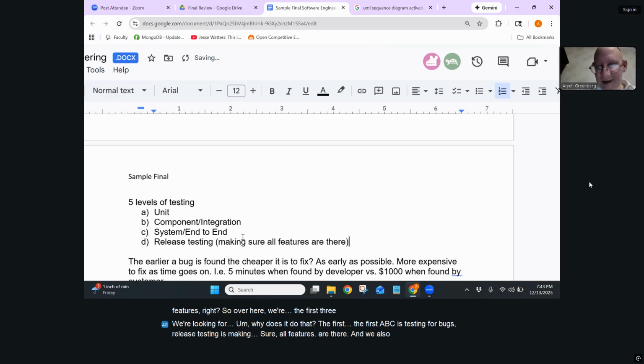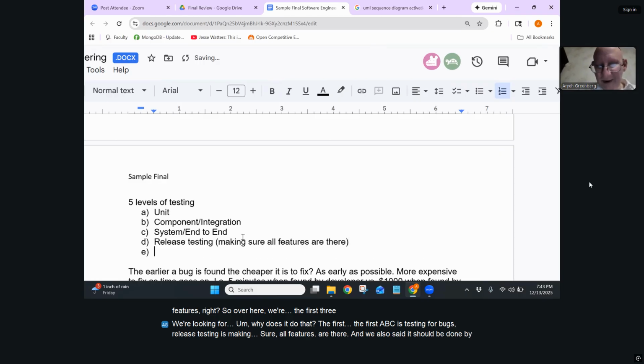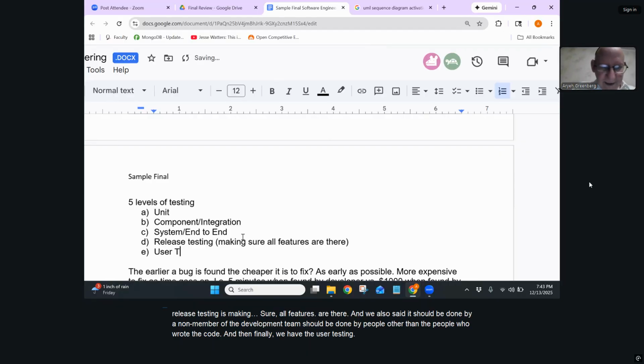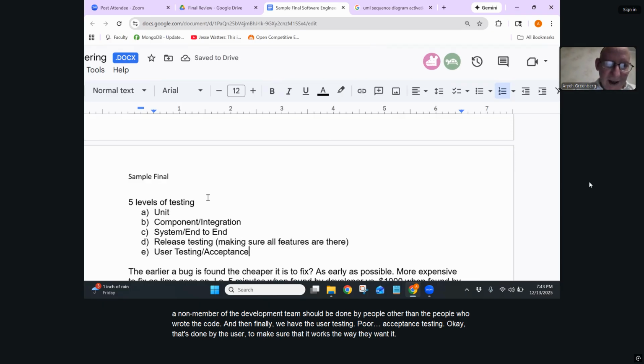We also said it should be done by a non-member of the development team, by people other than the people who wrote the code. And then finally, we have user testing or acceptance testing. That's done by the user to make sure that it works the way they want it. Okay?